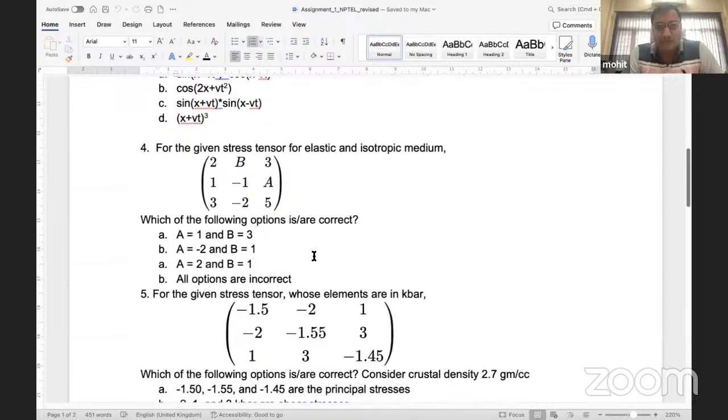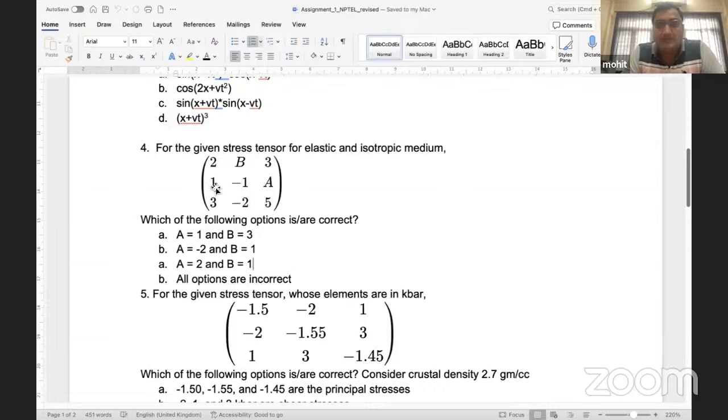For question number four, we are given a stress tensor for an elastic and isotropic medium. We know that the stress tensor in an elastic and isotropic medium is symmetric in nature, so the elements opposite across the diagonal will be the same.